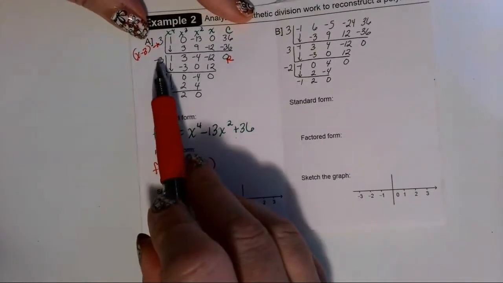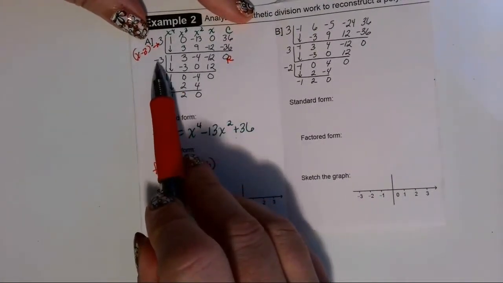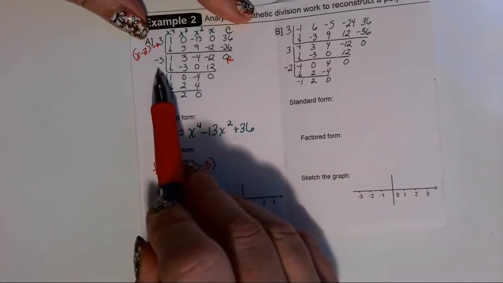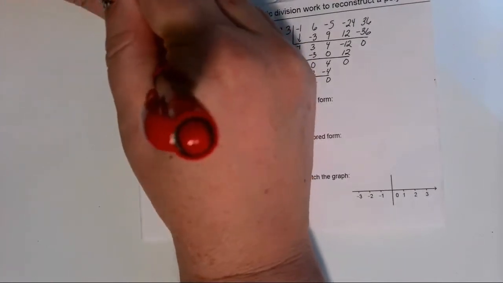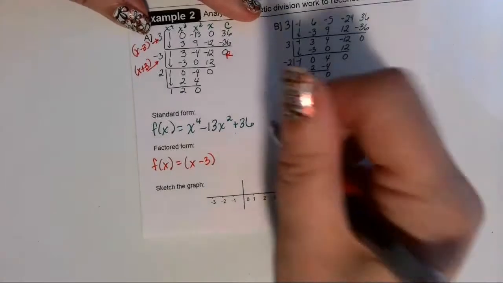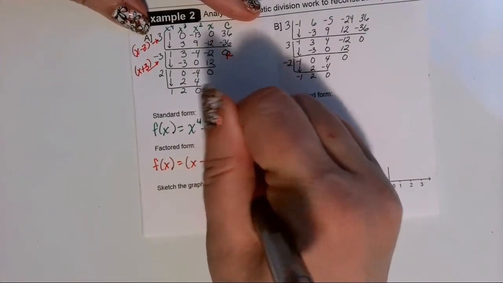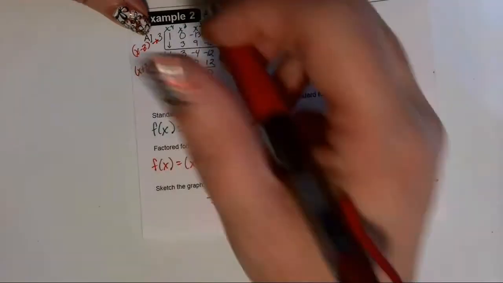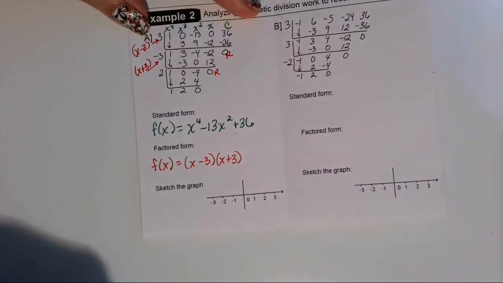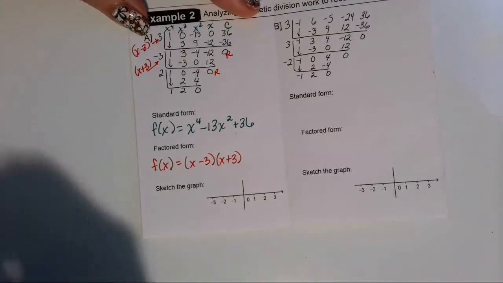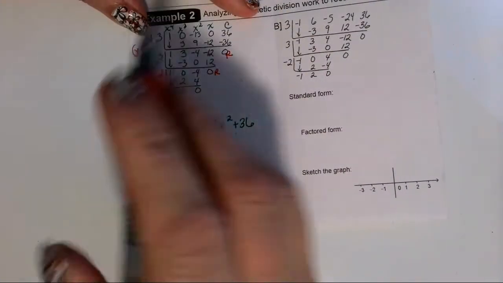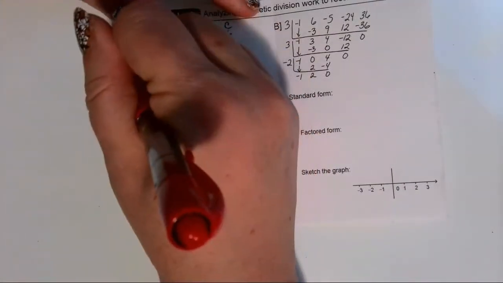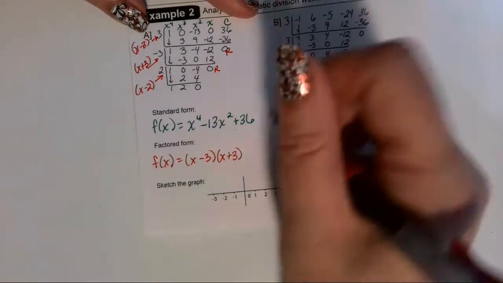Okay, then the person used a divisor on that result of negative 3, and that corresponds to a factor of x plus 3. So x plus 3 was also a factor in my factored form because the remainder of that division was also 0. Right, then I can see the result there, and the person divided into that result using a divisor of 2, which corresponds to a factor of x minus 2.